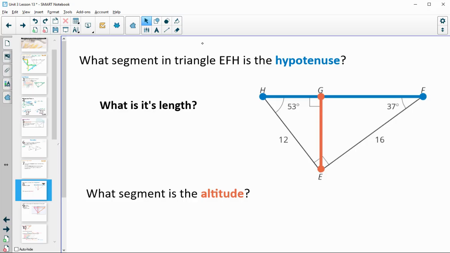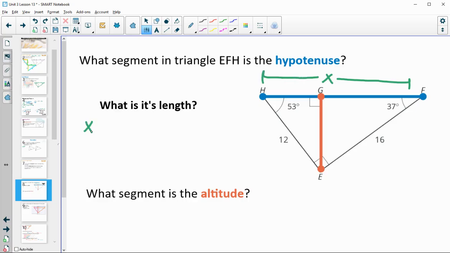Then can we figure out the length of this hypotenuse in the triangle? We'll want to use our Pythagorean theorem that we just used. So we're looking for this value up here of this hypotenuse. We remember that it's the hypotenuse squared equals the legs squared and added together. Our legs in this triangle are 12 and 16.